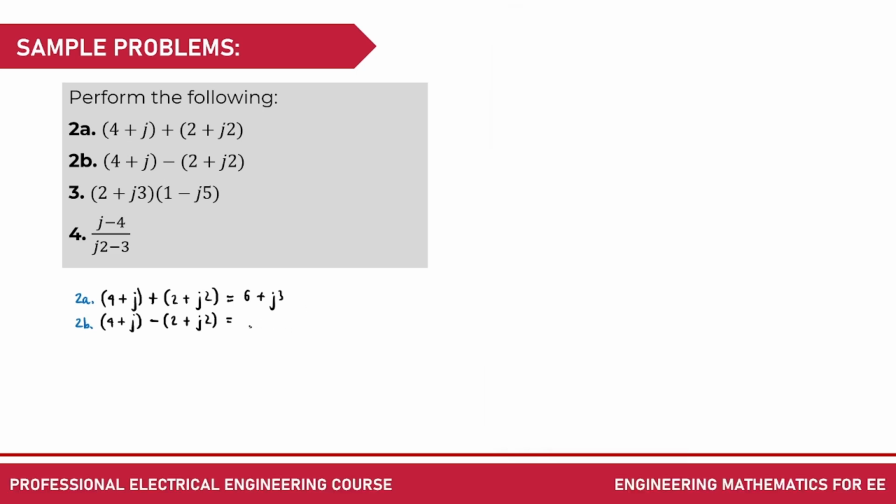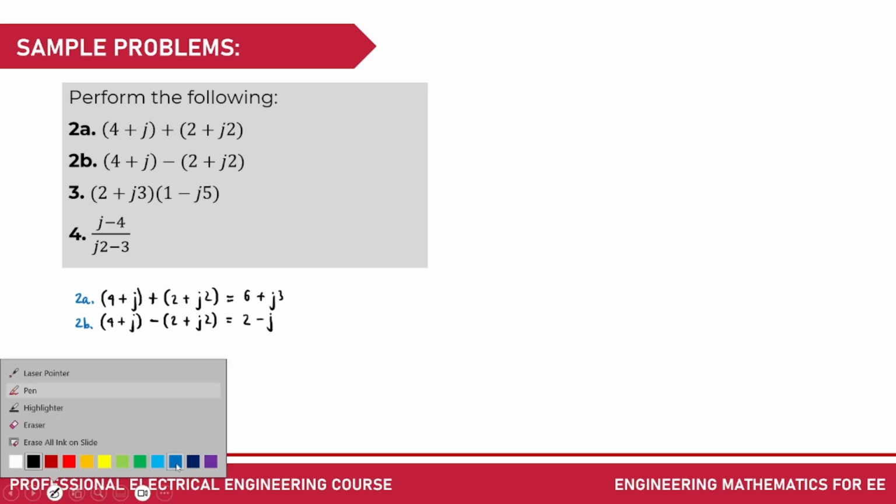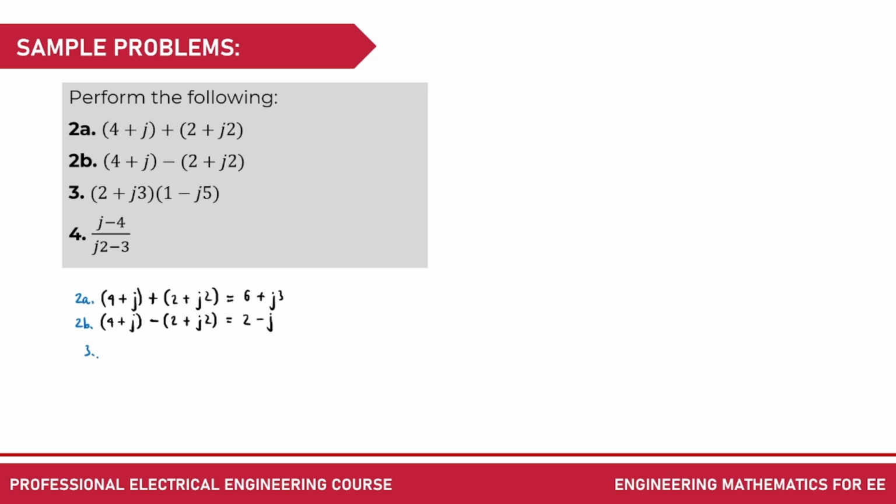So we have 2 minus j. But again, not all operations in complex numbers need to be done by hand; you can use your calculator to solve it.